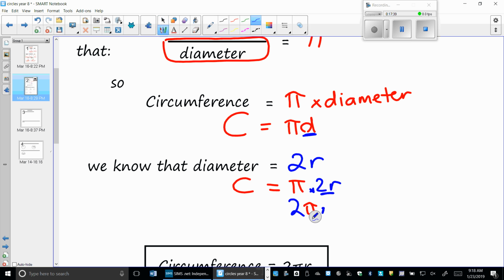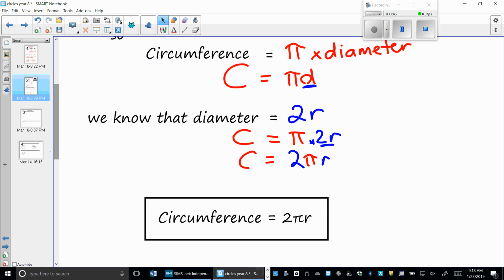And then r is at the end. So underneath, circumference equals 2 pi r. Whilst pi represents a number, it's still a symbol. You don't have to write it like this, it's just how we normally remember it, okay?